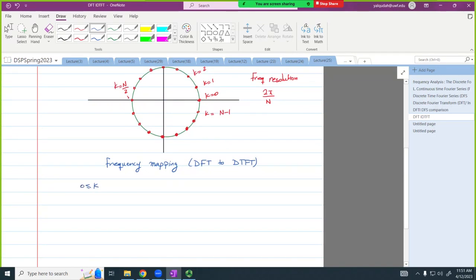When k is between 0 and N over 2, X of k corresponds to omega equal to 2 pi k divided by N. And when k is between N over 2 plus 1 and N minus 1, X of k corresponds to omega equal to negative 2 pi multiplied by N minus k divided by N.